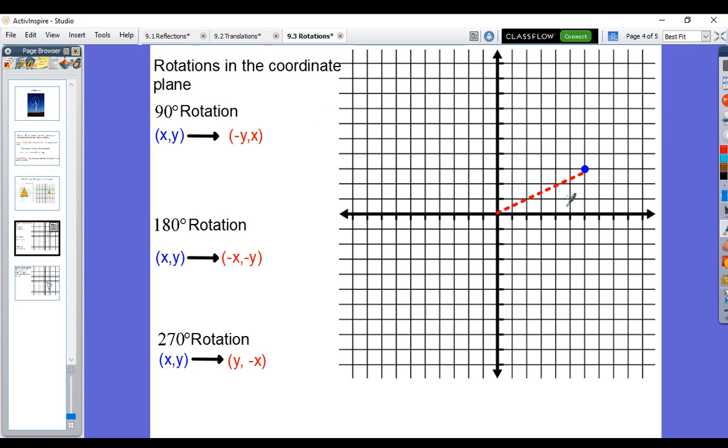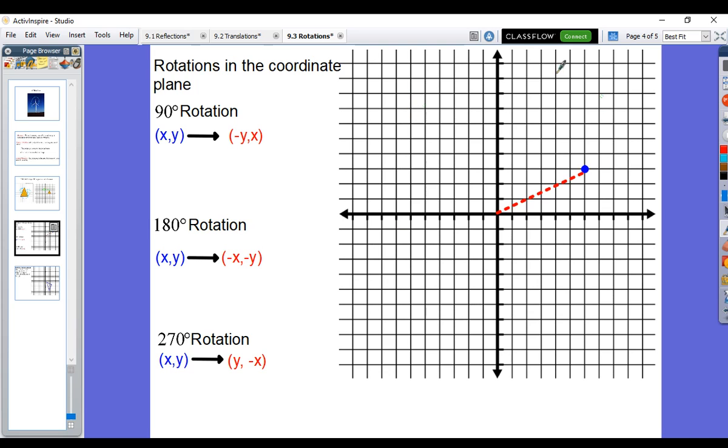It's kind of crazy because in coordinate planes, we always rotate counterclockwise. Counterclockwise is technically the positive direction, and clockwise is the opposite way. So going counterclockwise, this was 90, 180, 270, 360. But if you go backwards, this is negative 90, negative 180, negative 270, negative 360.